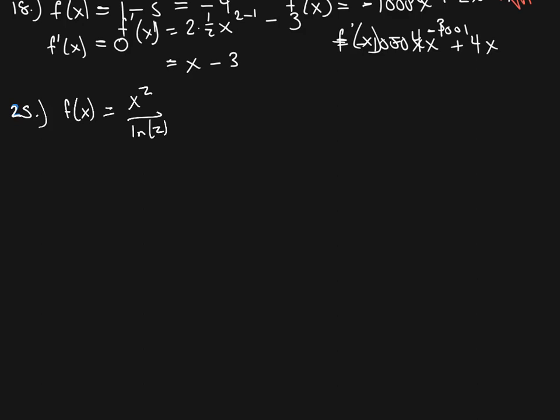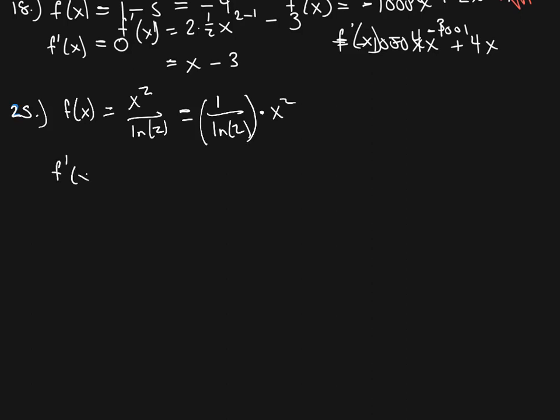So anytime you see that, think about how you can rewrite things. One way to do this is to recognize that this is simply equal to 1 over the natural log of 2 times x squared. So we can take the derivative of this because we're just going to treat this as if it's some number that's being multiplied by x squared, because that is all it is.